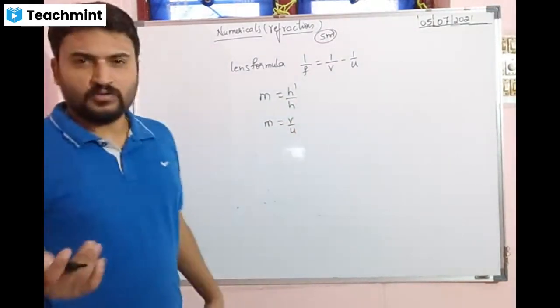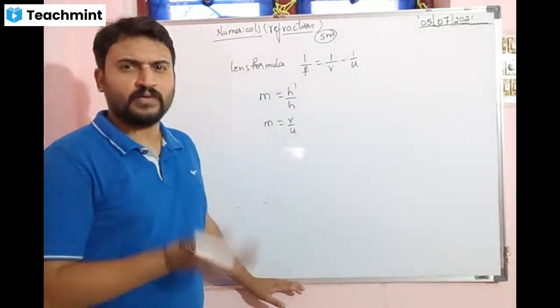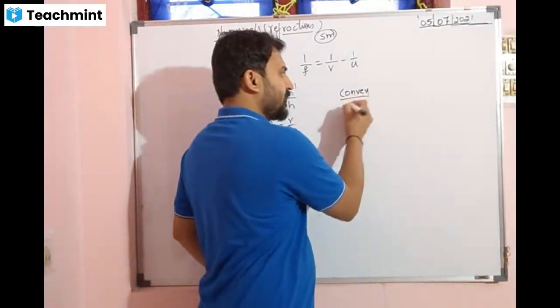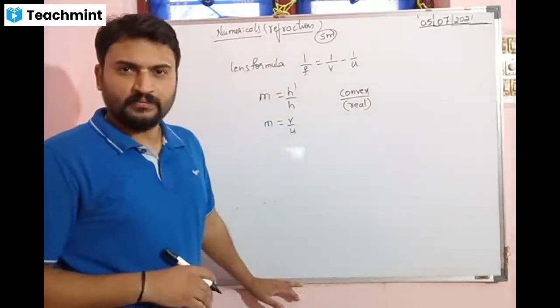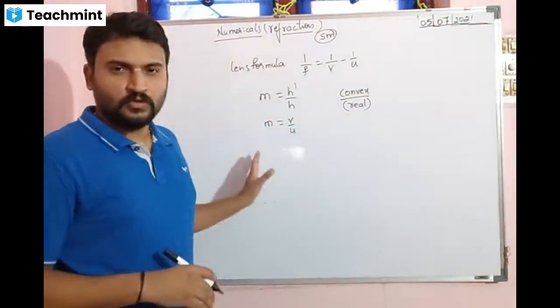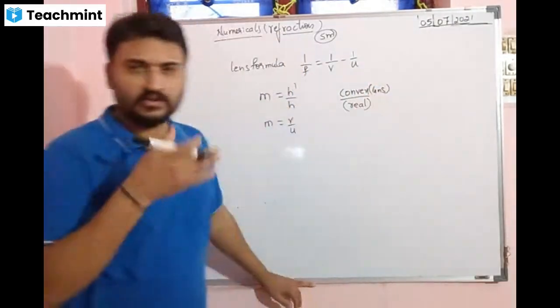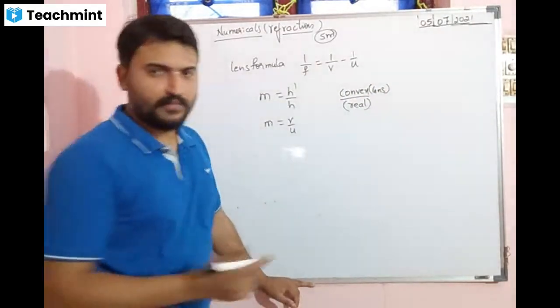So a few more other concepts you understood. It is similar to the concave and convex. If you think about convex, maximum times it forms a real image, isn't it? Convex lens maximum times, except for the last part between F1 and O, it forms a real image only.